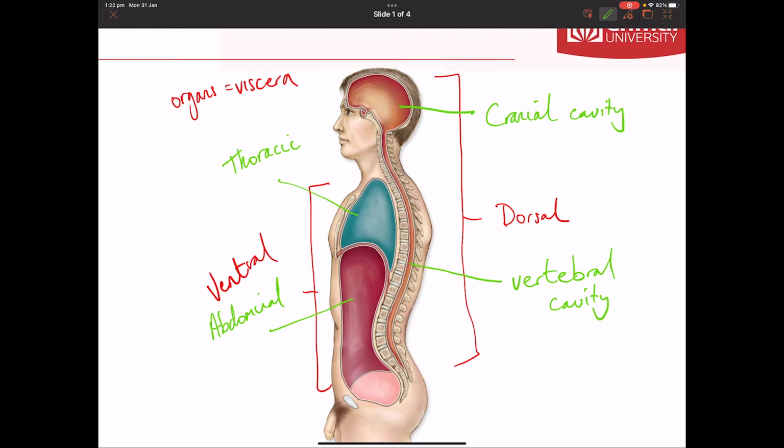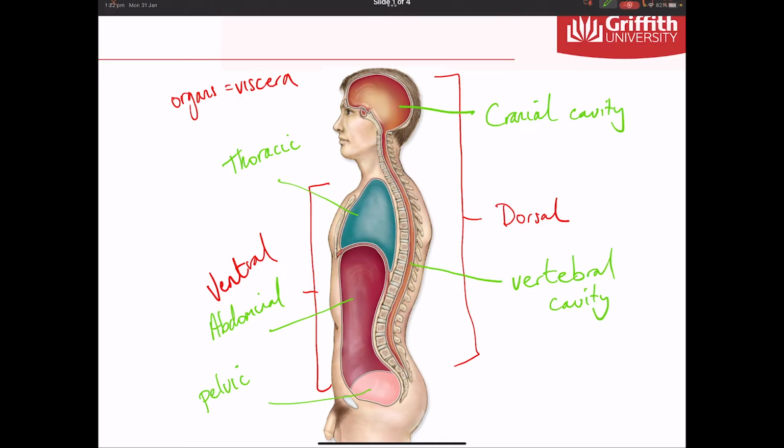It sits a little bit towards the back, those kidneys, but anyway, it houses mainly digestive, but also that of renal. And then finally, we've got the pelvic cavity. And the pelvic cavity will house structures associated with the renal system and also some of the reproductive system as well.